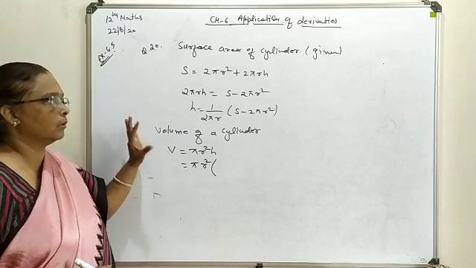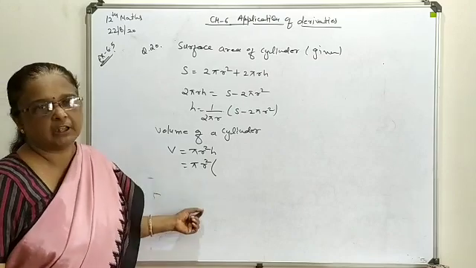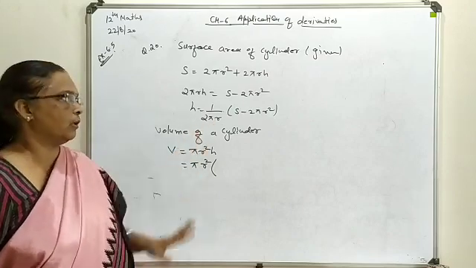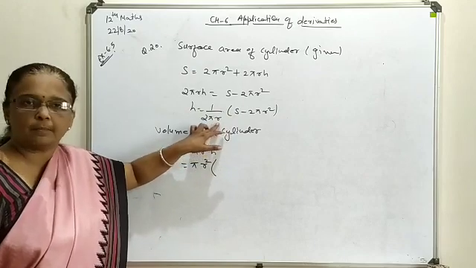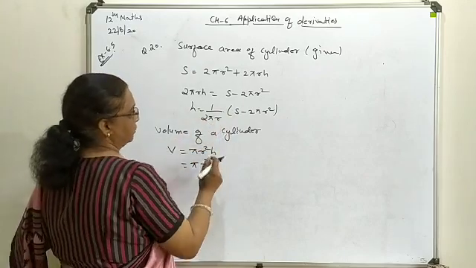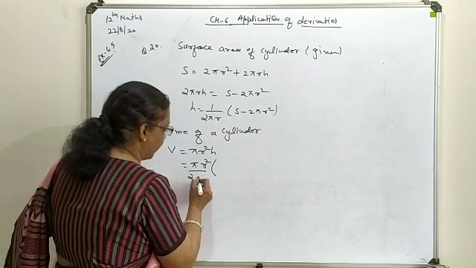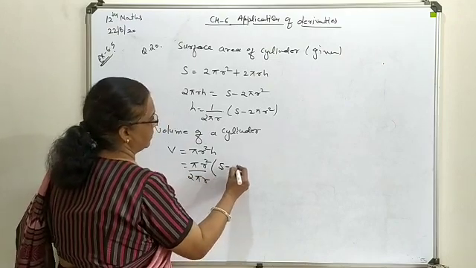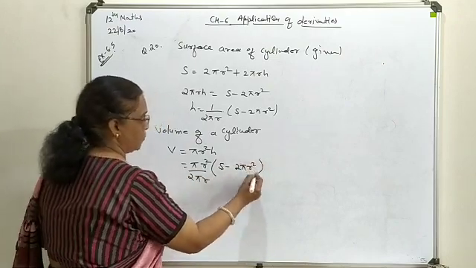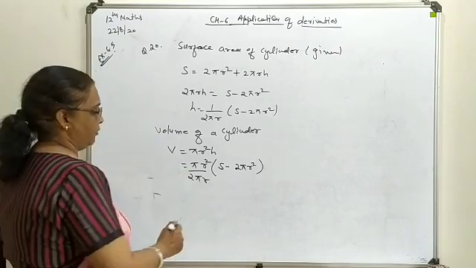Finally you have to turn the whole question into a one variable system. Here s is constant, so the variable is r. So this will be 2 pi r s minus 2 pi r square. Multiply and solve.